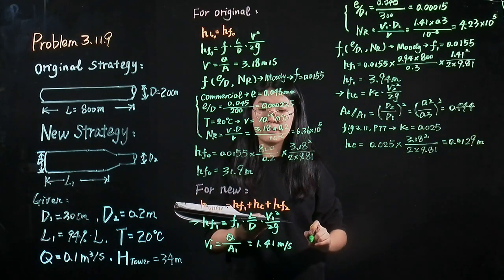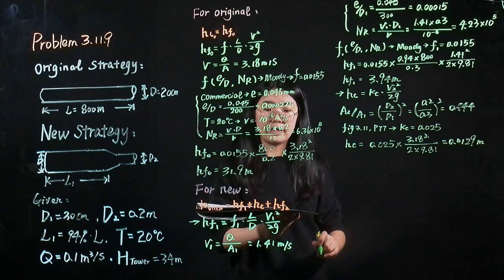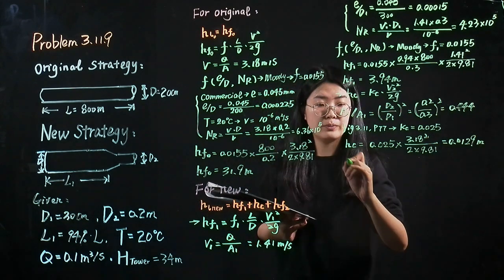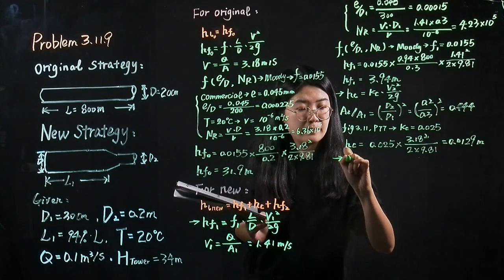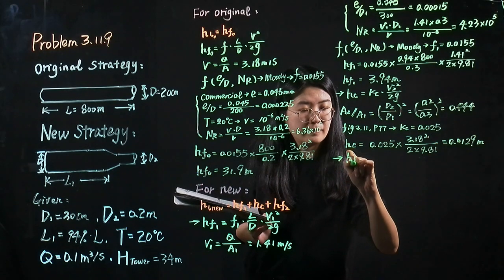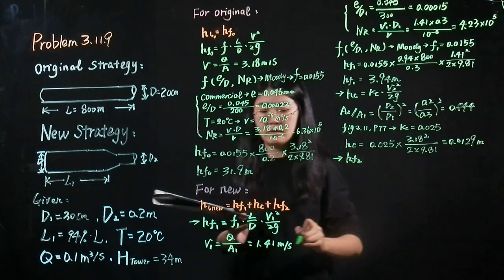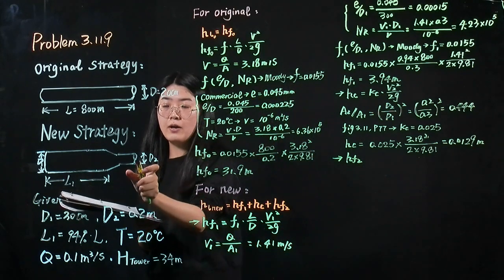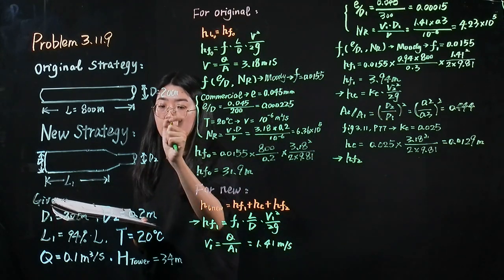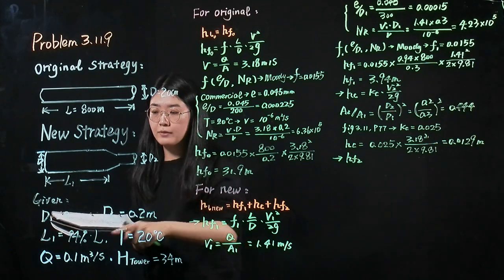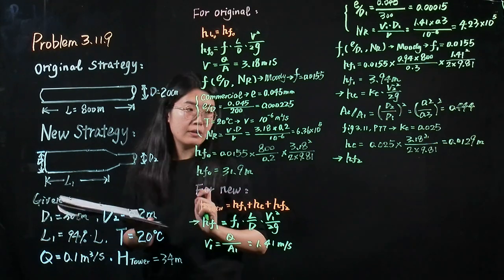So the final step is to calculate HF2. Comparing the second part of the pipe with the original one, the only difference is the length.